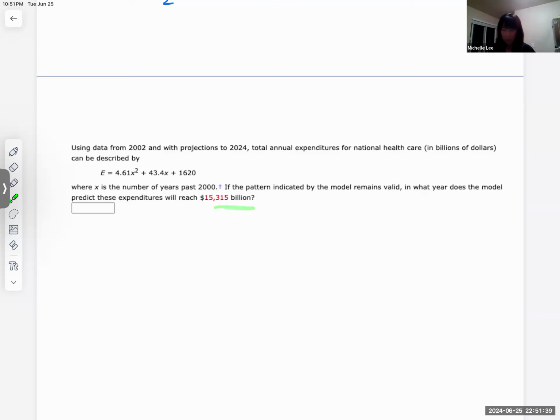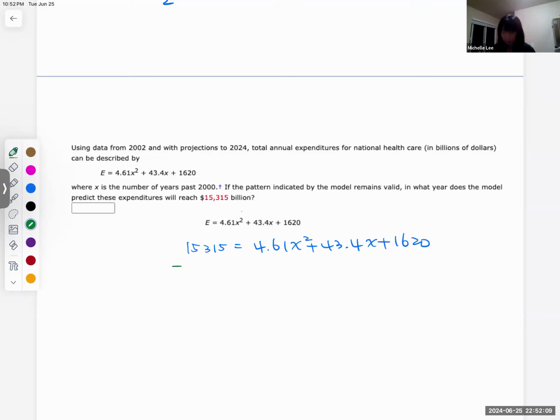315 billion, right? So let's do it. So we have billions. Okay, we have that. So 15,315 equal to 4.61x squared plus 43.4x plus 1620. So we subtract this number from both sides.